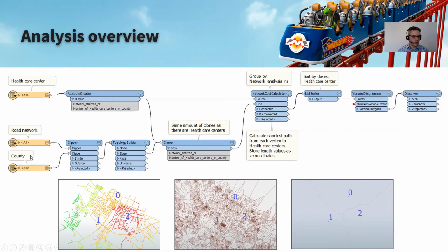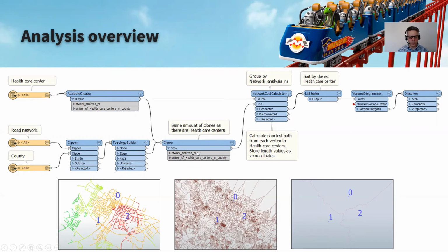I took my road network and county and clipped the road network by county and made it a topologically correct road network. I took the number of healthcare centers and added to the road network, and I made as many clones as I had number of healthcare centers.